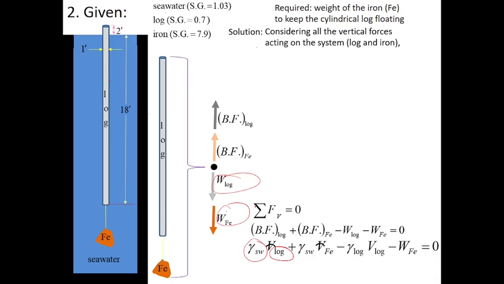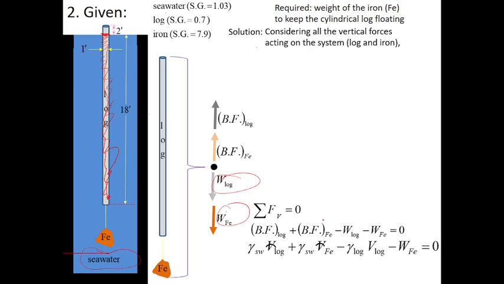Imagine that this part is filled with water. This is the volume displaced with regard to log, only up to the part that is wet. And of course, our substance is seawater. The surrounding of the system is seawater. So, we consider seawater now.